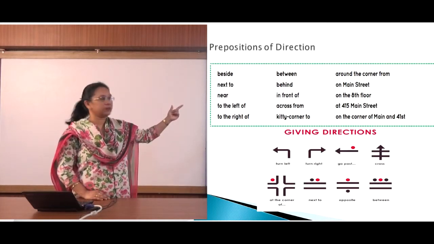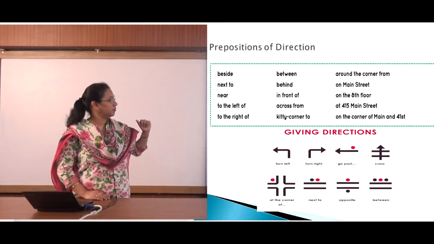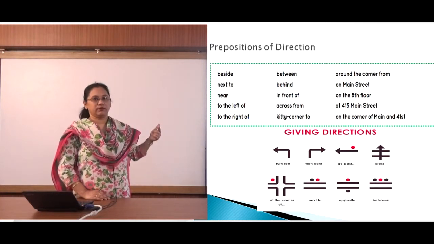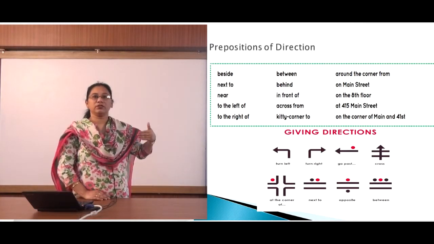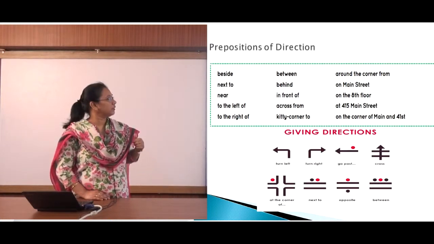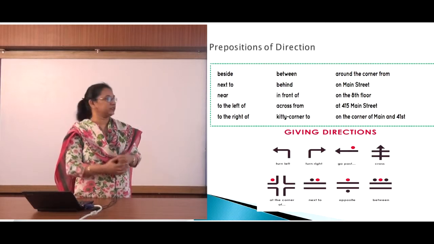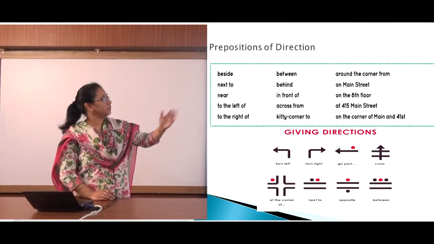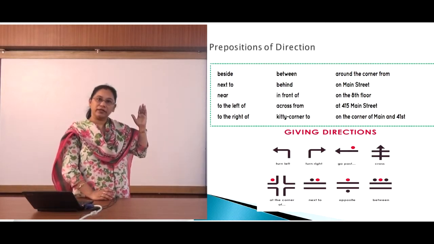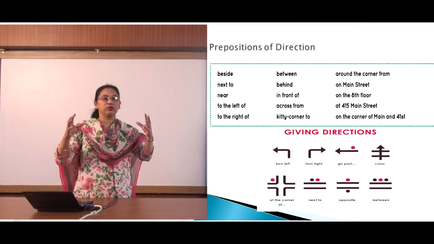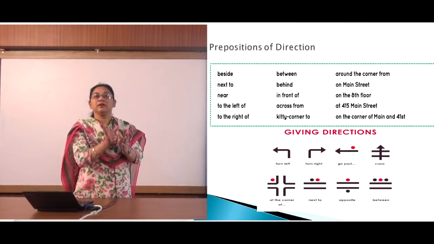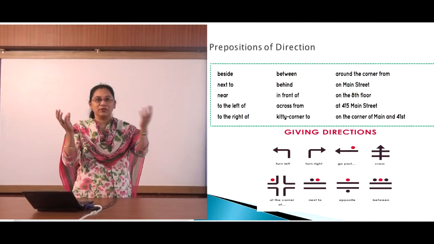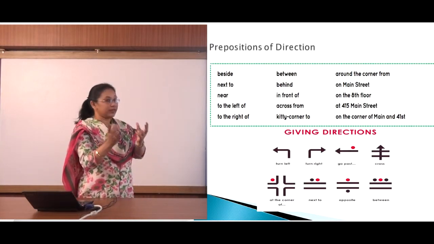So I use the word to here. To the right of, all right. The college is to the right of the police station, which means that it's on the right side of the police station. You have many more examples here, such as between, which I showed you in the first picture, where I showed you two balls and in between there is a black ball. So the black ball was sandwiched between the two red balls.